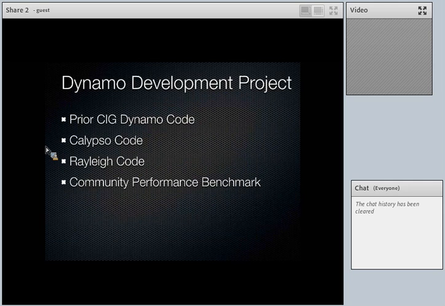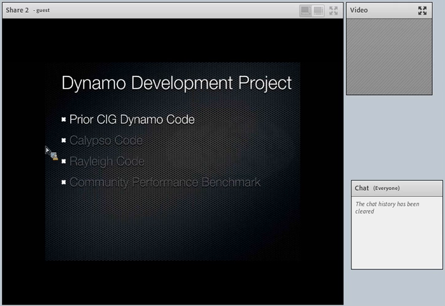And I just want to go through four points I want to discuss. One, the prior CIG code prior to this development project, the two codes that are presently being developed, Calypso and Rayleigh, and then lastly, a community-wide benchmark exercise that we are carrying out.